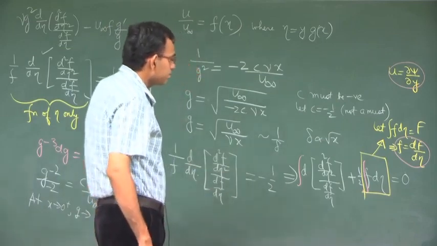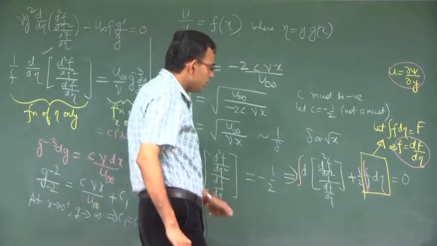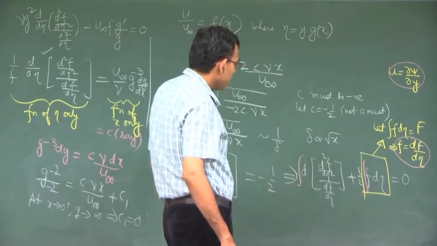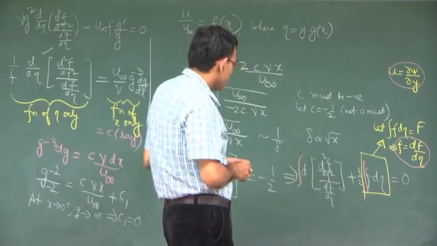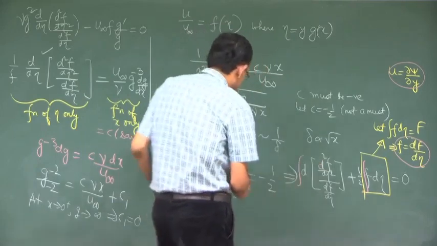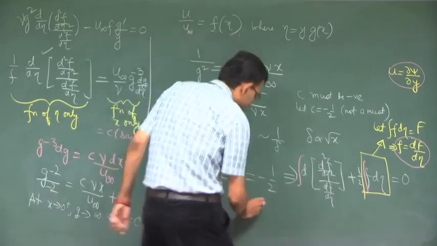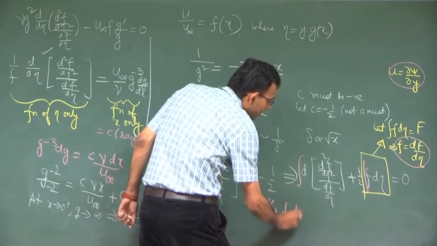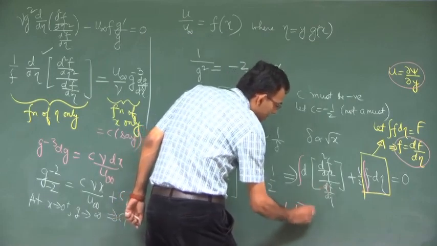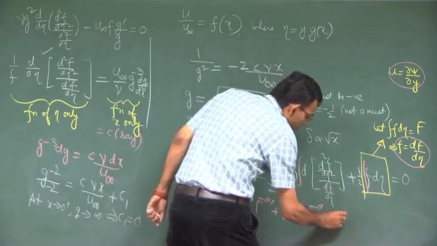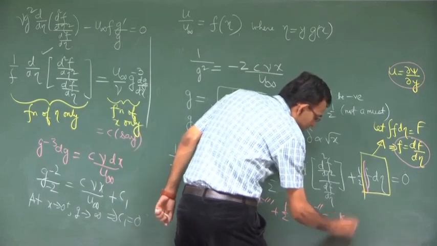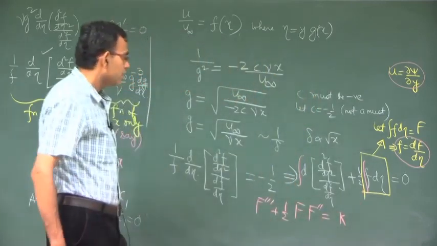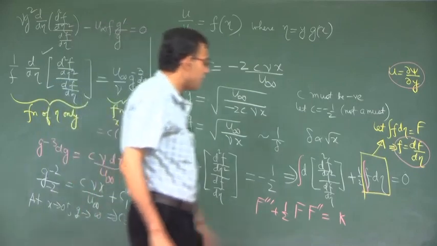So, with this, now you can write, so this will become f triple dash plus half f, this will become capital F double dash is equal to a constant k, right. Question is, what is the value of this constant?